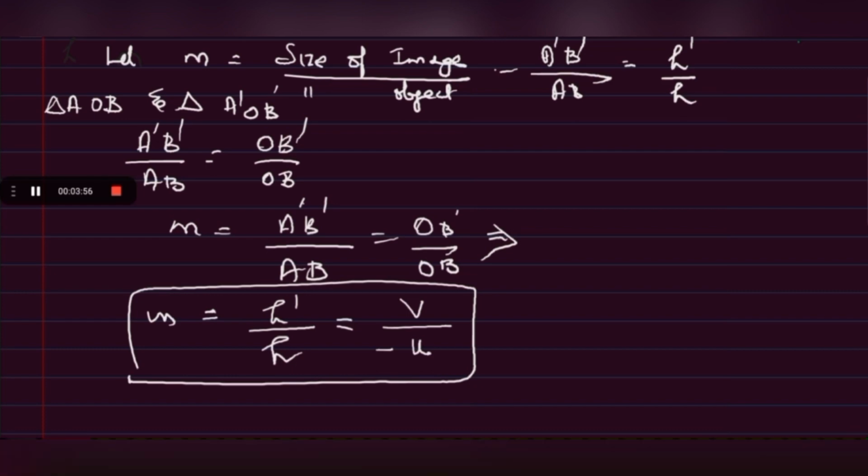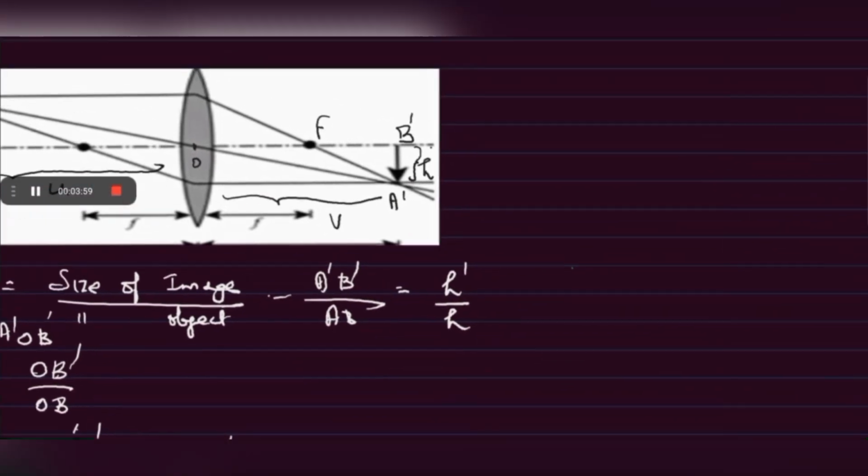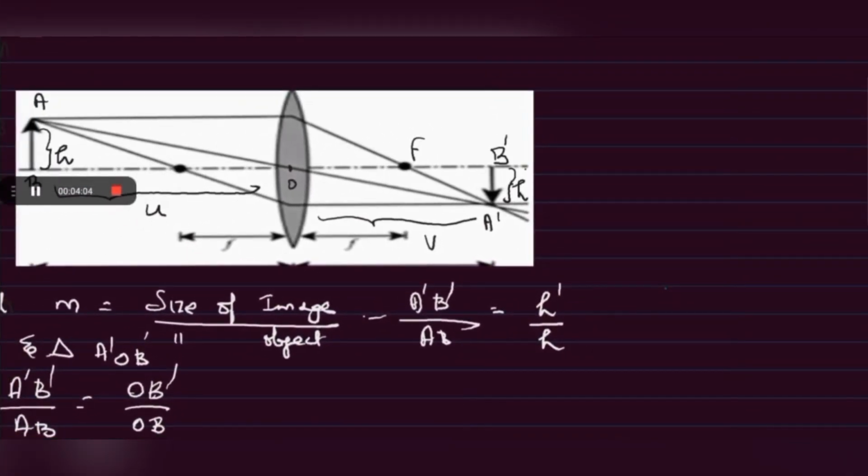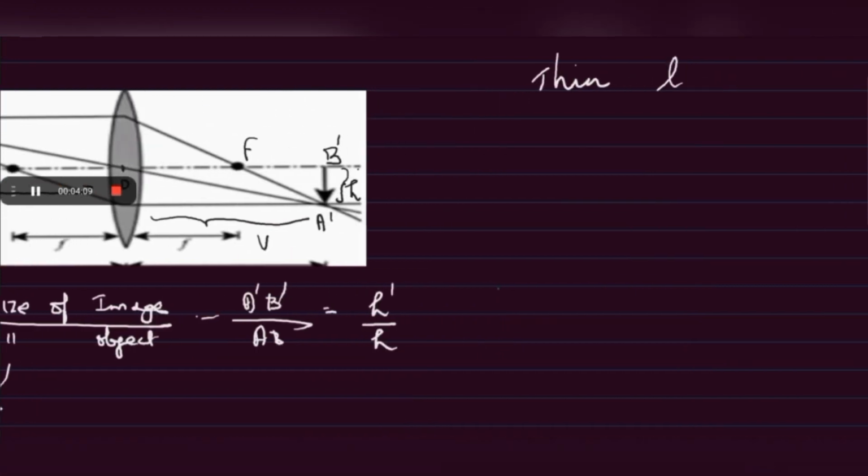If we talk about the thin lens formula, looking into the diagram, we already know the formula is 1 by V minus 1 by U is equal to 1 by F, and we take the same object, the same diagram for the consideration.